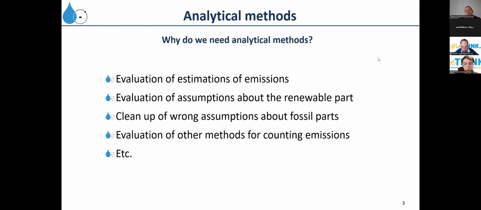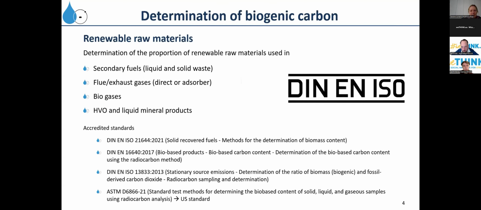So they are used for the cleanup of wrong assumptions. And of course, the analytical measurement should evaluate other methods which are maybe more cost effective for counting emissions. And there are a lot more special reasons why we need analytical methods.